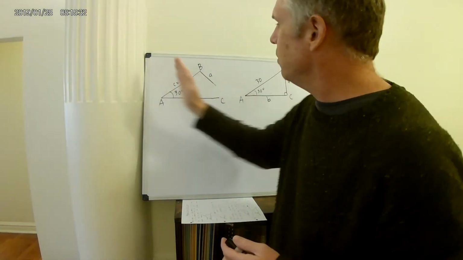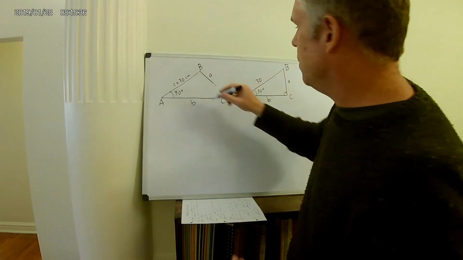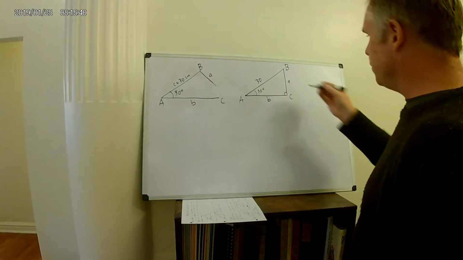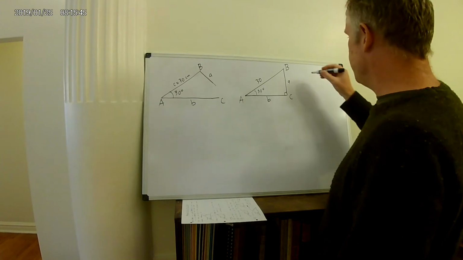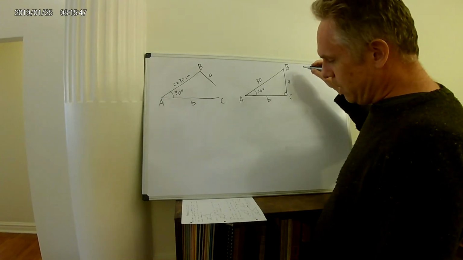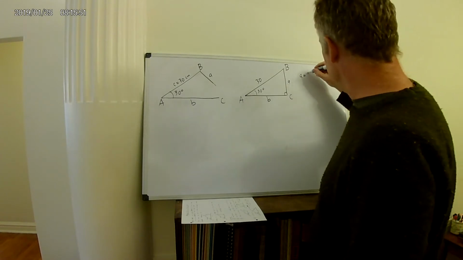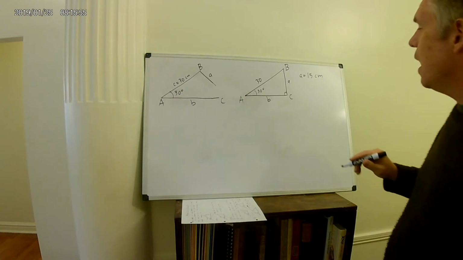If it pivots down like this, it just touches side b. If it just touches it, the only way it can touch it is at a right angle. And this is now a 30-60-90 triangle. And I'll let you guys solve this, but if you solve this, it turns out side length a is equal to 15 centimeters. Okay, it's equal to 15 centimeters.